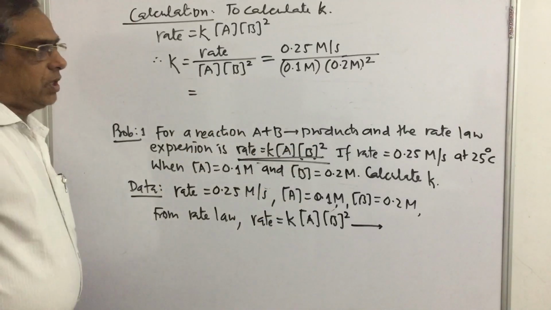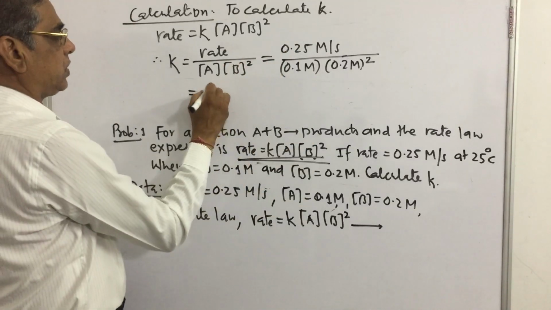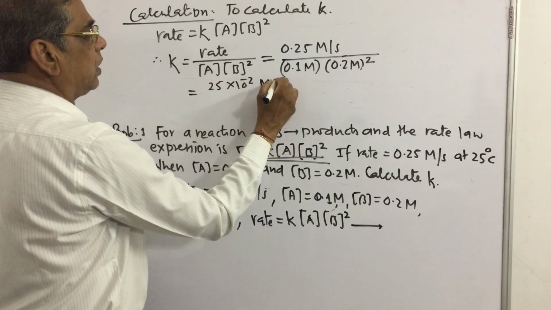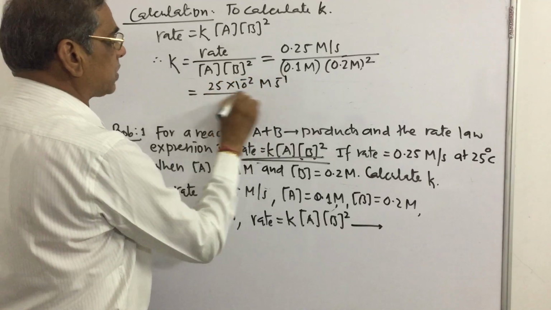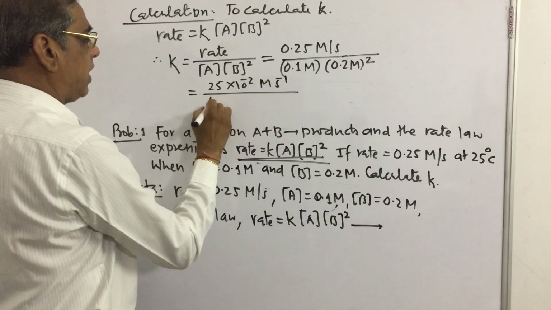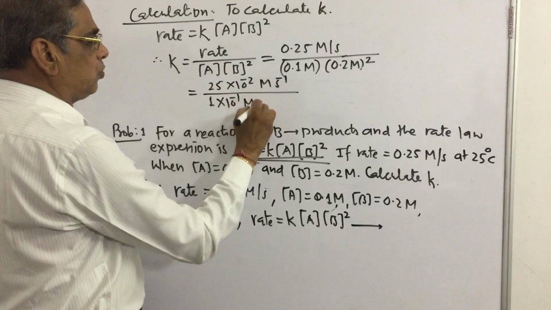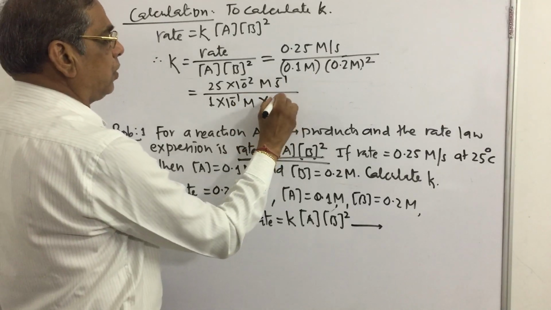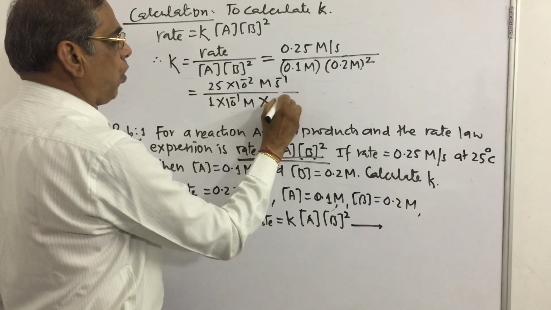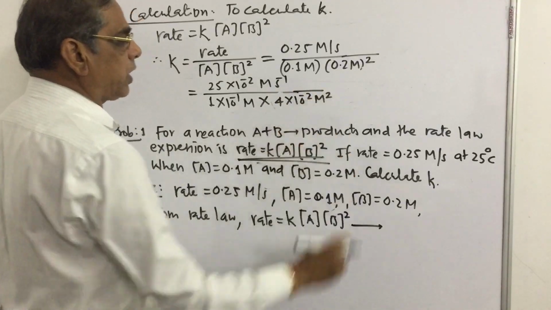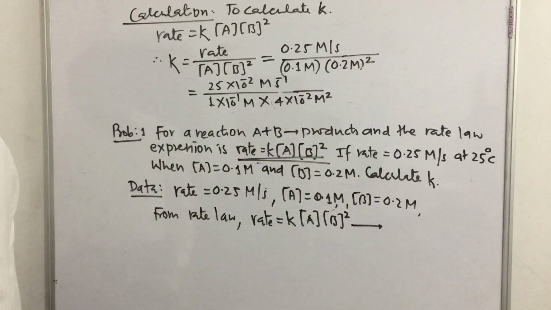Solving this, by removing the decimal, 25 into 10 raised to the power minus 2 mole per second divided by 1 into 10 raised to the power minus 2 molar into 4 into 10 raised to the power minus 2 molar raised to the power 2.